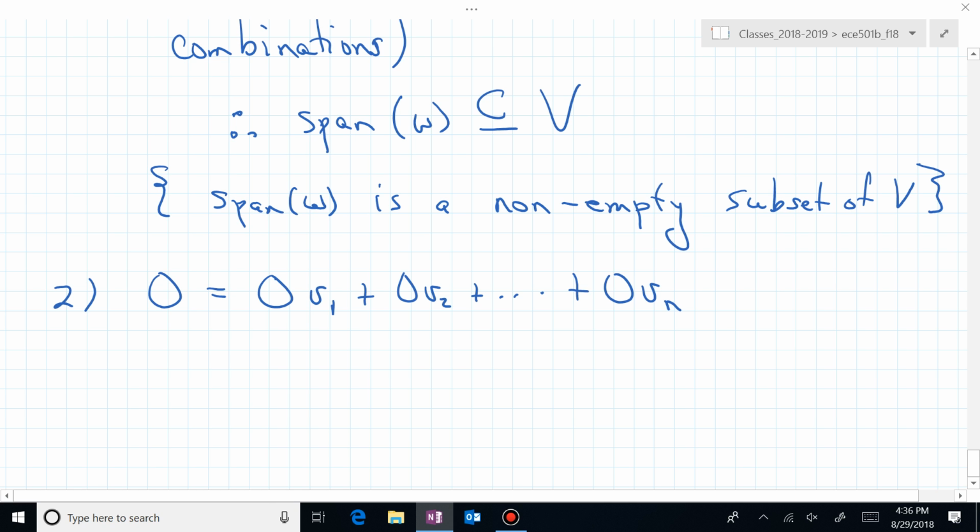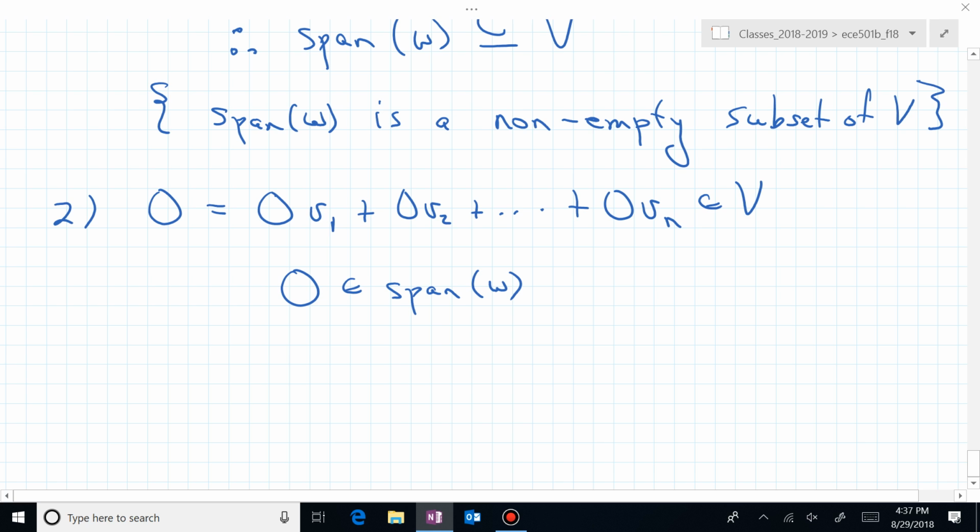Are those zeros the same on the left and the right of the equal sign? The one on the left is the 0 element. The ones on the right are scalar zeros, aren't they? So there we have that is an element of V, and so now we've shown that 0 is in the span of W.